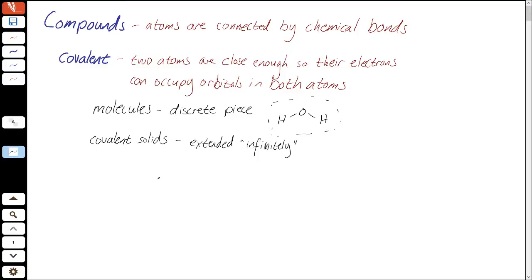But, and you don't have to try to draw this if you don't want to. So diamond is covalently bound carbon. That kind of looks like this.